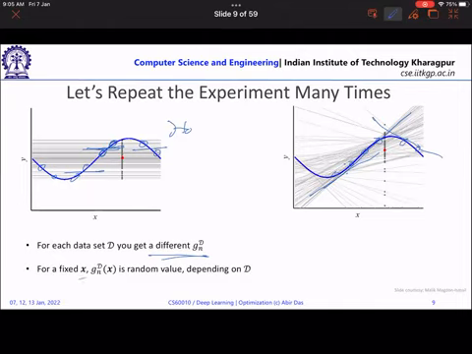For a fixed x, g_D(x) is a random value depending on D. For a fixed x, it will give you some value for your model, another value for your friend's model, and another for his friend's model. Similarly for this hypothesis also. So depending on what data you randomly sampled, for a fixed x, g_D(x) is a random value depending on D. So this g_D(x) is a random variable.